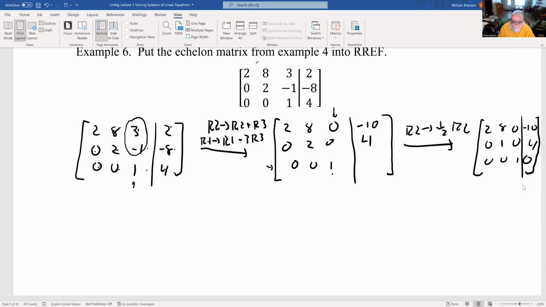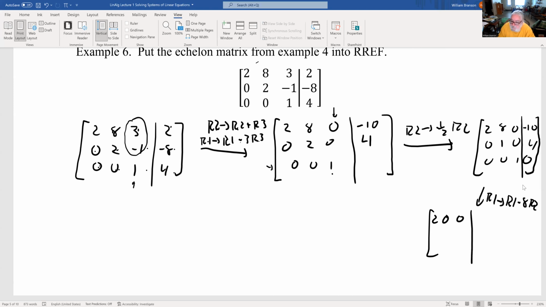And so what I will do is I will replace R1 with R1 minus 8 R2. So 2 minus 8 times 0 is 2. 8 minus 1 times 8 is 0. 0 minus 0 is 0.